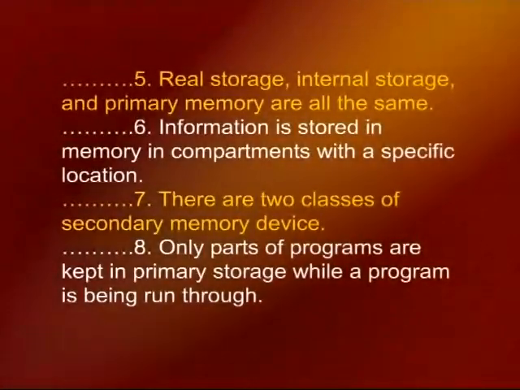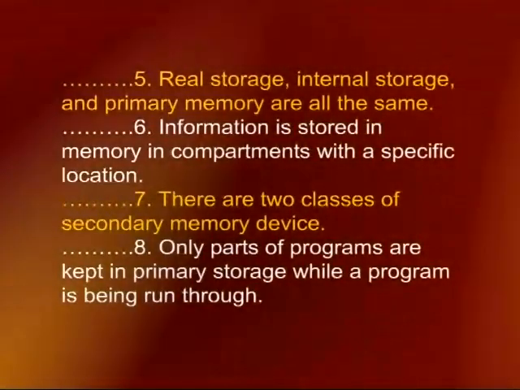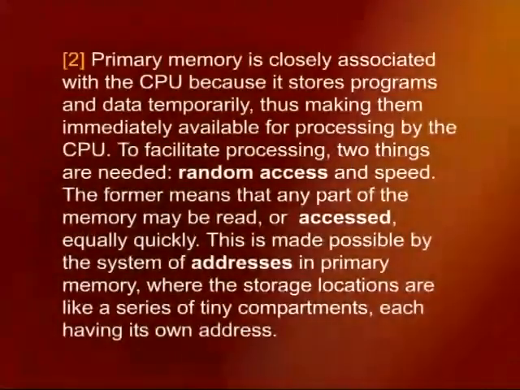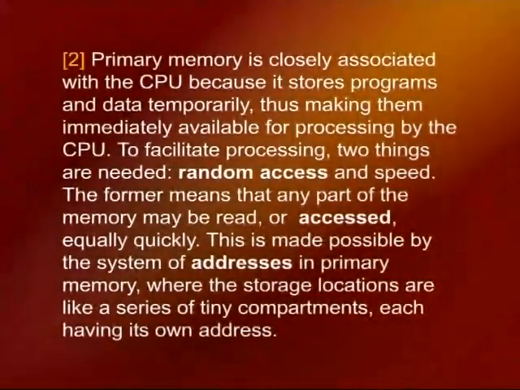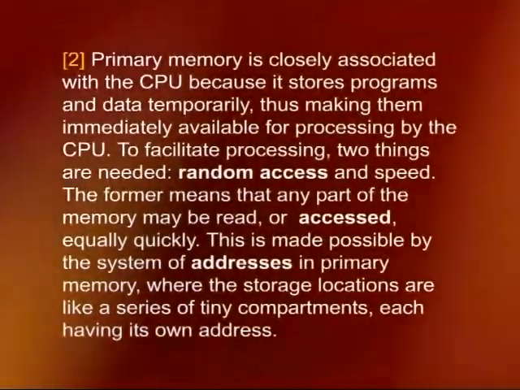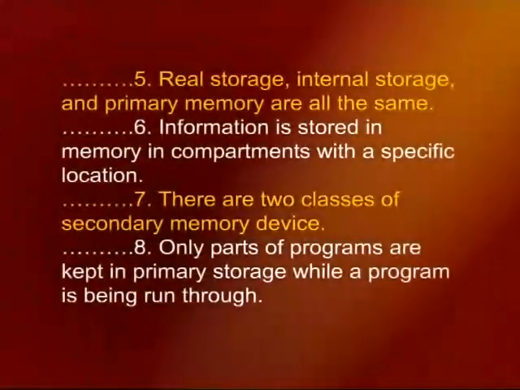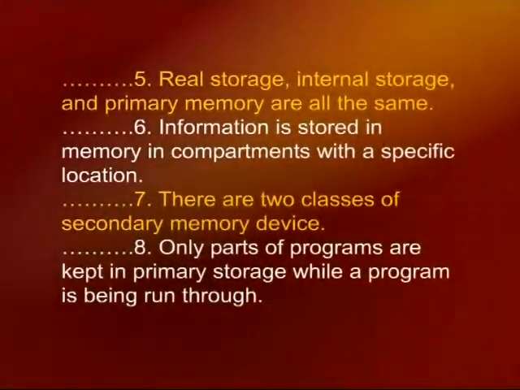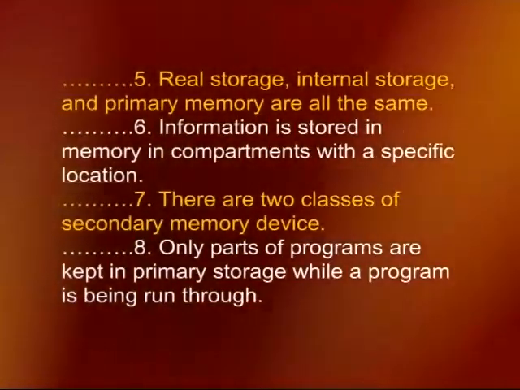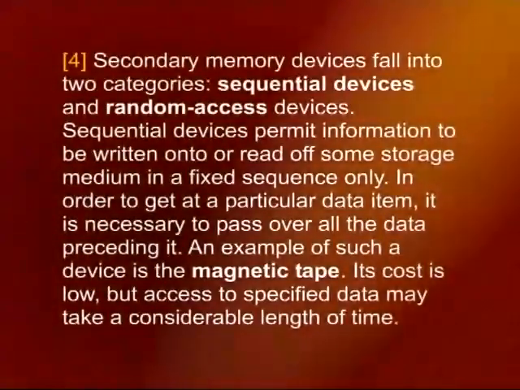Statement number 6. Information is stored in memory in compartments with a specific location. This information is to be found in paragraph 2. And number 7, there are 2 classes of secondary memory devices, and that is in paragraph 4.